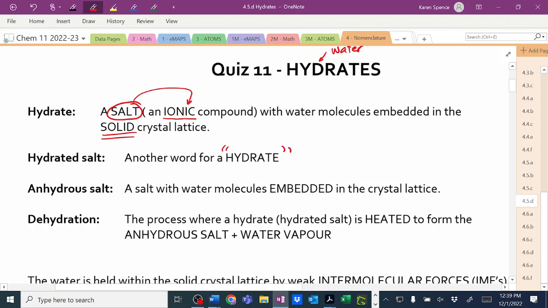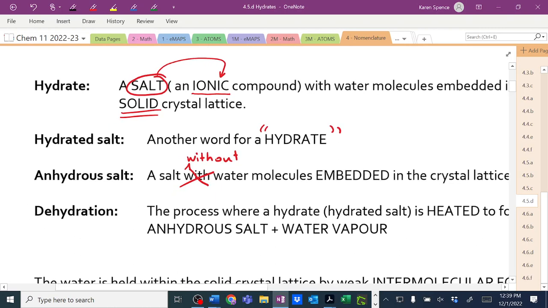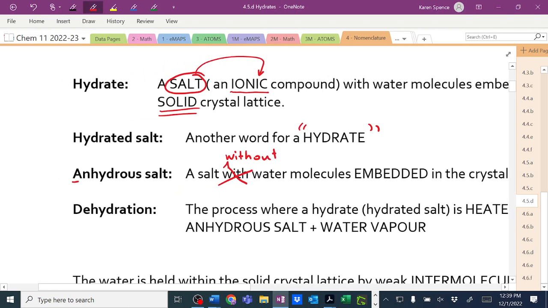But an anhydrous salt is a salt, and this is where I made the boo-boo. It should say a salt without water molecules embedded. The prefix an usually means something along the lines of not.